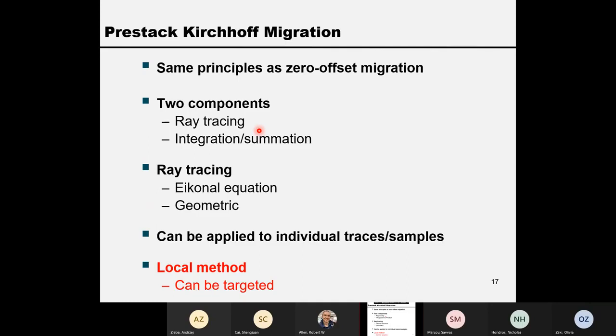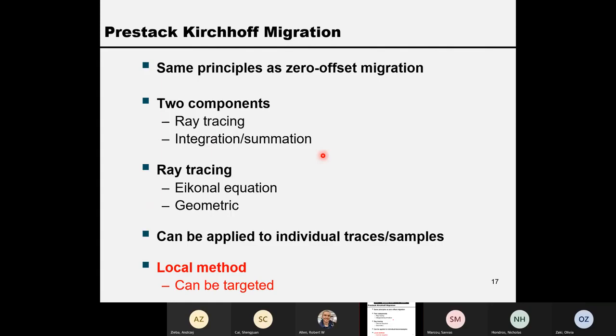If you learn more about wave phenomena, you will know the difference. Okay, and after the calculation of travel time, you just do the summation or integration of energy along that ray path for the travel time.